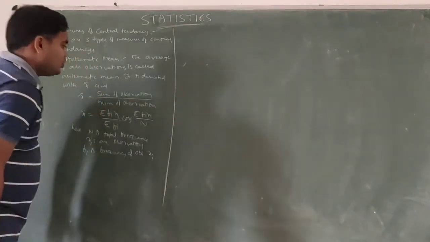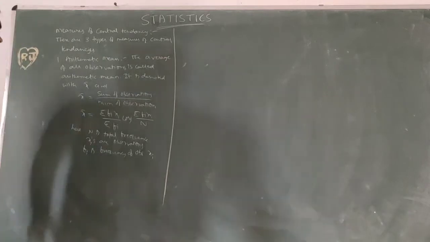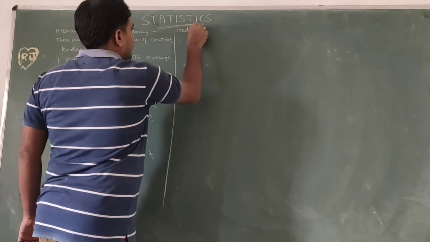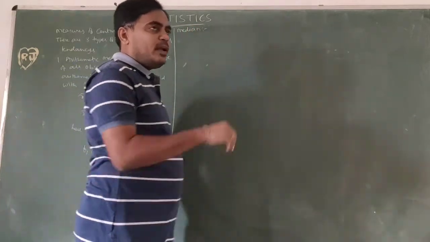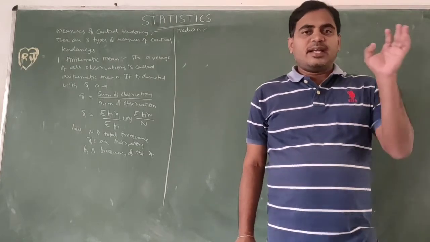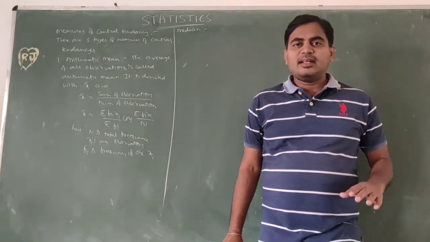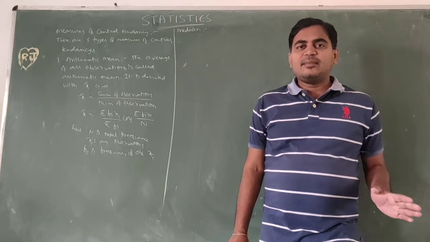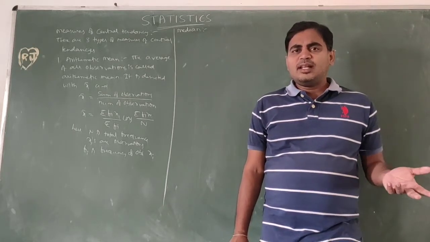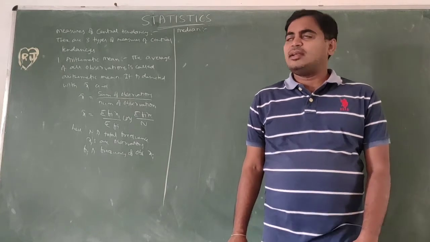Now next, median. Median is nothing but the middle one. If you write all the observations in either ascending order or descending order, the exact middle one is called median. If there exist two middle terms, the average should be the median.